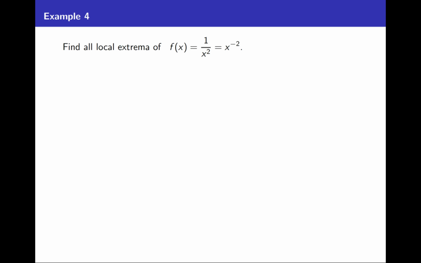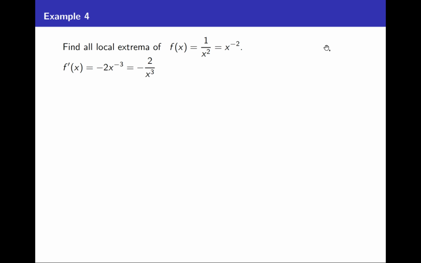Example 4. Let's find all the local extrema of the function f of x equals 1 over x squared, which you might want to write as x to the power of minus 2. So we know to look for the critical points, we take f prime of x, it's minus 2x to the minus 3. That's minus 2 over x cubed.